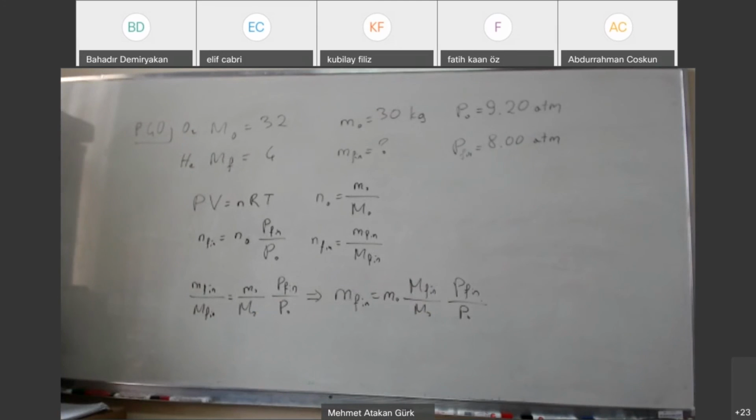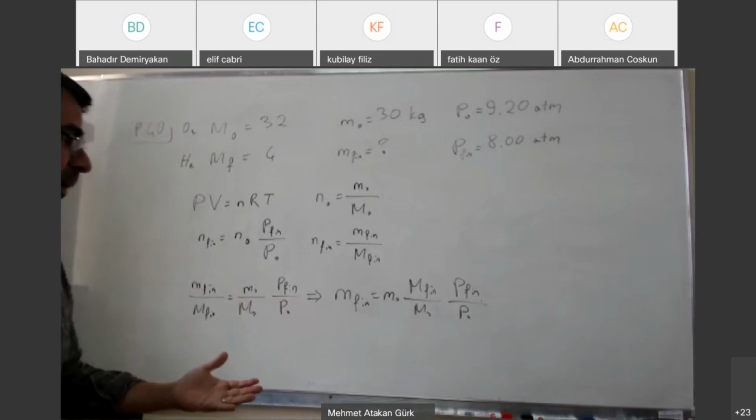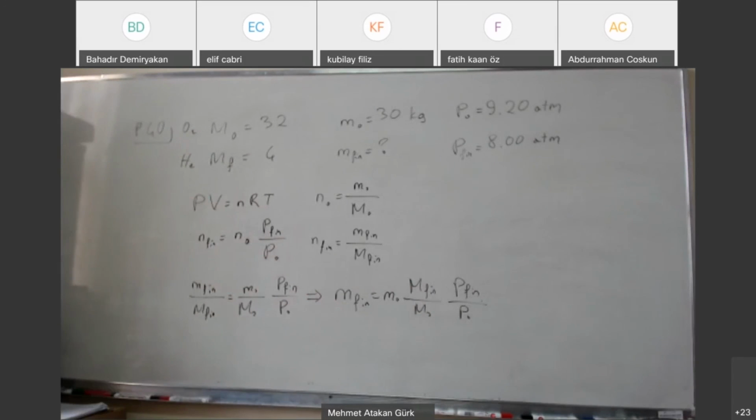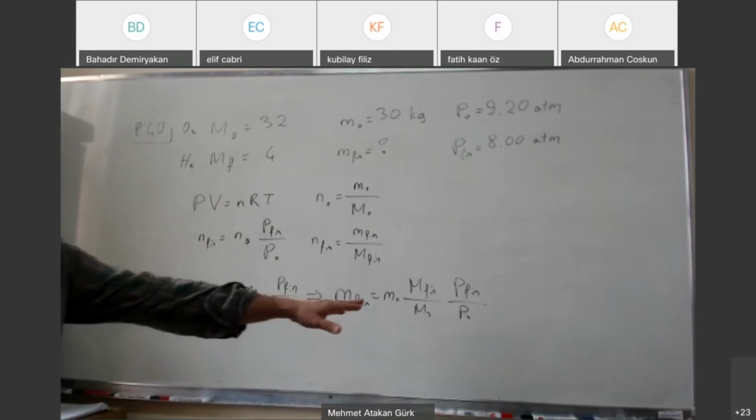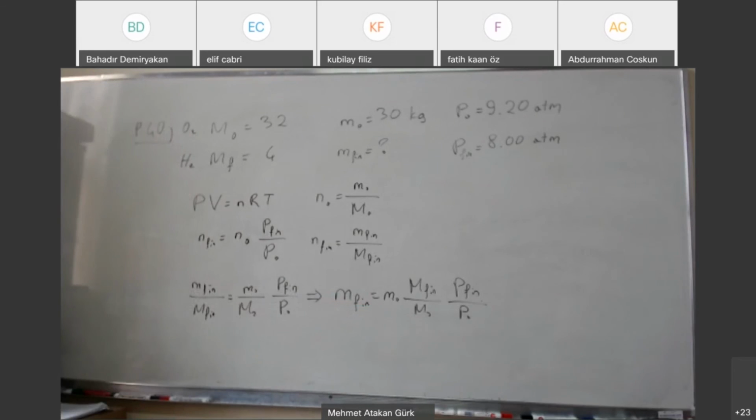If your final molecular weight is larger, for the same number of molecules you're going to get a larger total mass. By a similar argument, if you had initially a large molecular weight, this will provide a fewer number of molecules. So it should be inversely proportional to the initial molecular mass. Everything makes sense, and we can put everything in and get our answer.